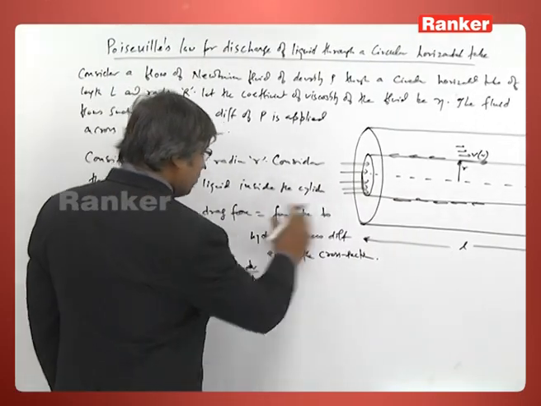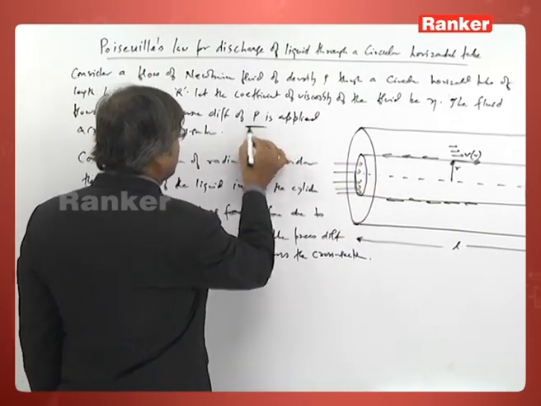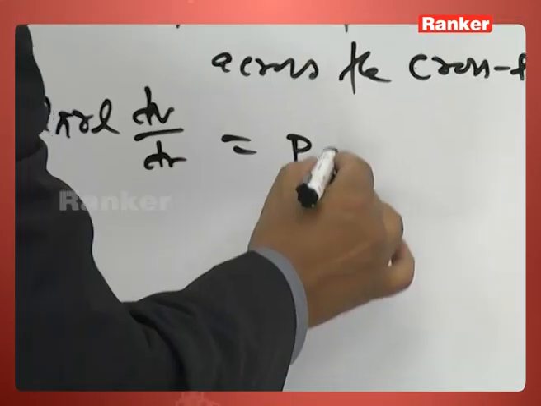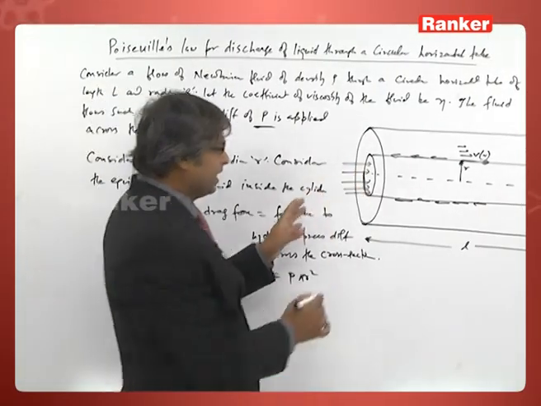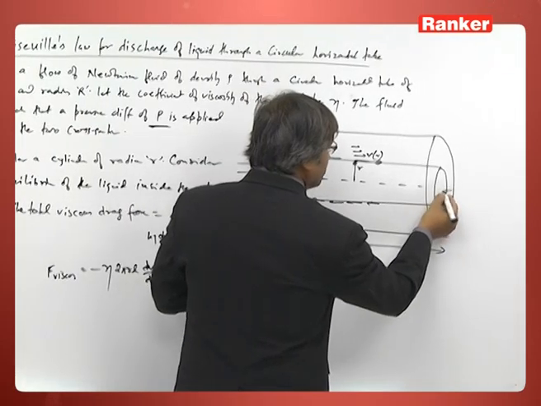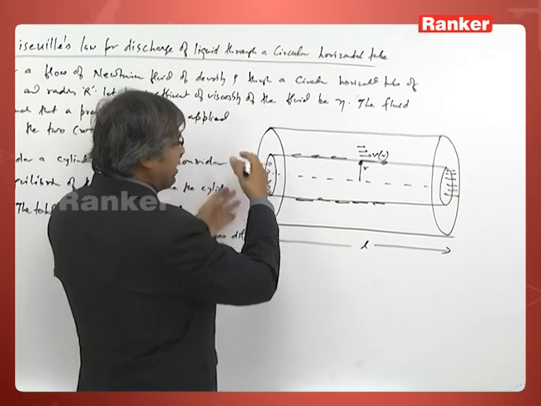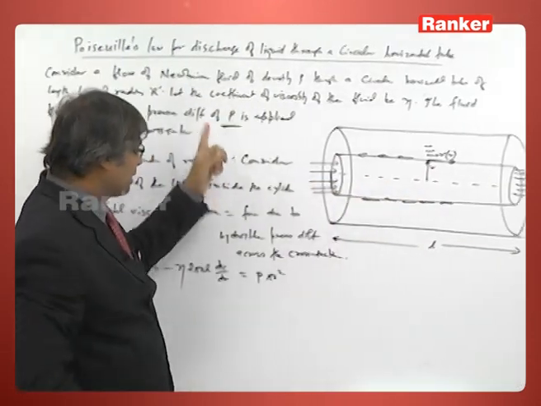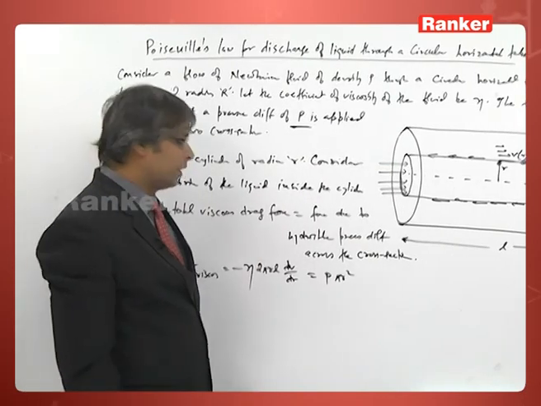Now this is equal to the excess pressure force. The excess pressure applied is P and this area is pi r square. So P is not the pressure here, there is an excess pressure. The force is P1 times area minus P2 times area, the difference of which is the excess pressure P into pi r square, the cross sectional area of this part.